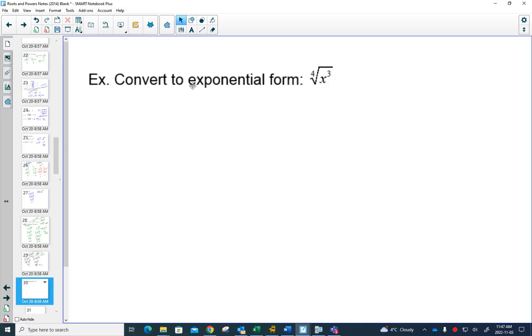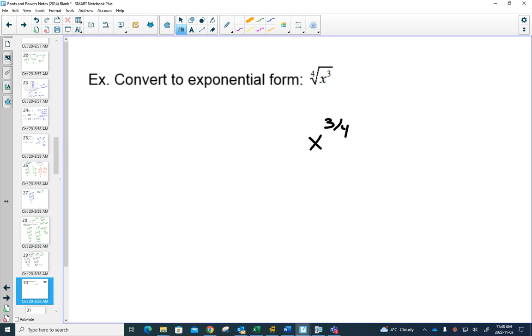So one of the things that gets asked of us is, can we take something in radical form and switch it to exponent form? Probably you're going to get to the point where you can do this directly and write 3/4.